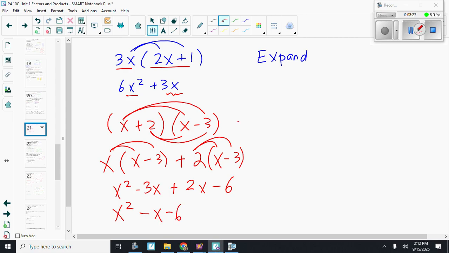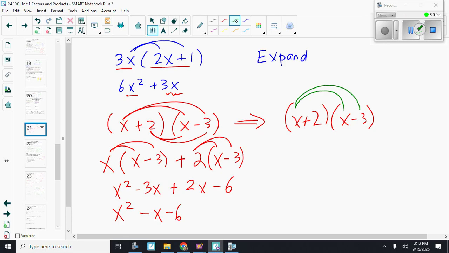Let's take this same question, x plus 2 and x minus 3, and do FOIL on it instead. FOIL means we do firsts, outsides, insides, lasts. You'll notice that my arrows are exactly the same. I'm just bypassing this step.